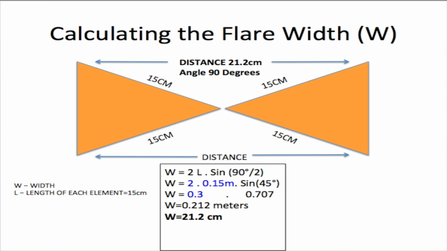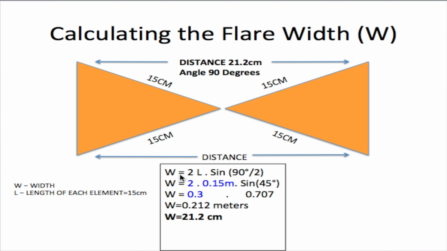So I'm going to calculate the flare width, which is called the W. This is the width from one tip here over to this tip. So in this case, it's 21.2 centimeters. And I'm going to show you how to calculate the W of an antenna, since you'll need this information for some modeling softwares.